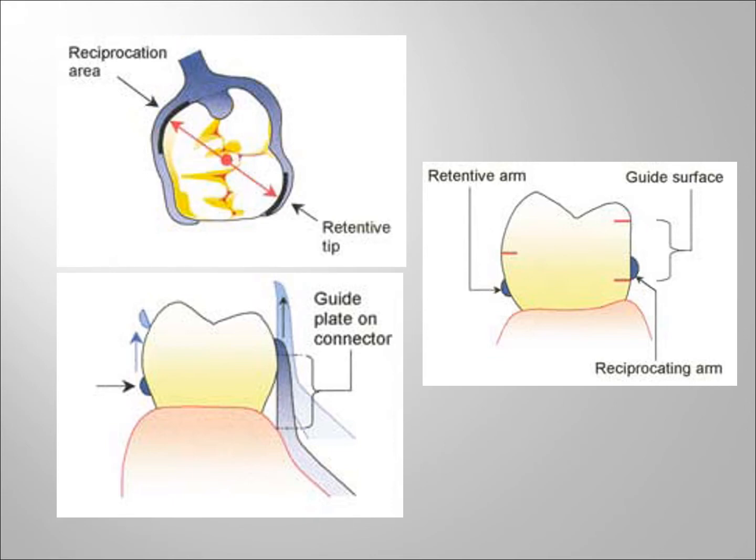Again, in this slide, it shows how the reciprocal arm is touching the gingival end of the guiding surface during insertion and removal, and on the last one there is a guiding plate extended from the major connector, which is actually the reciprocal component. Whatever the component is, it's supposed to be there to provide reciprocation.